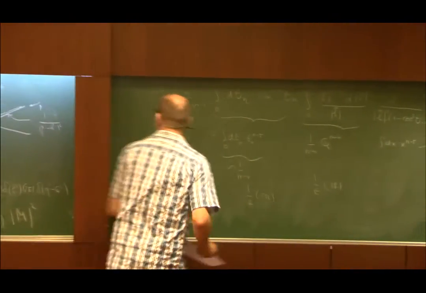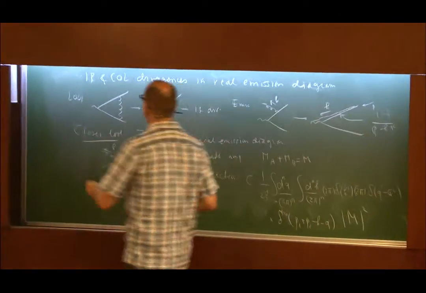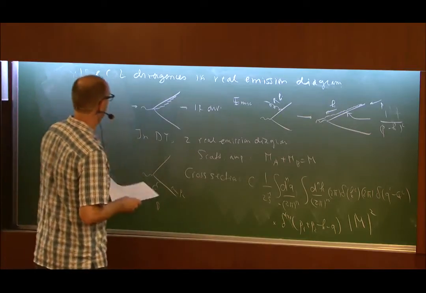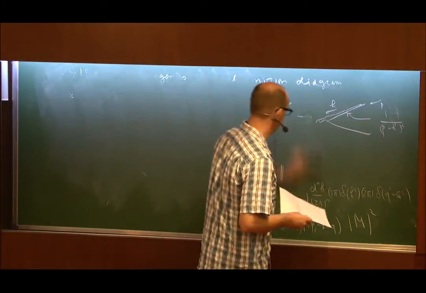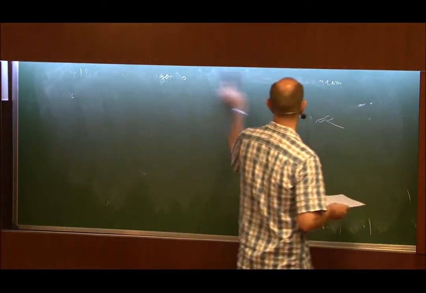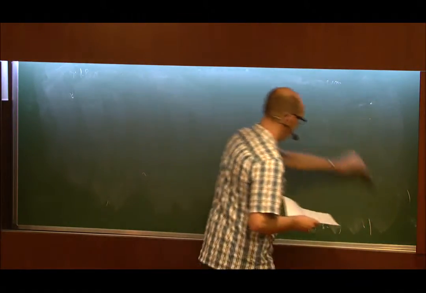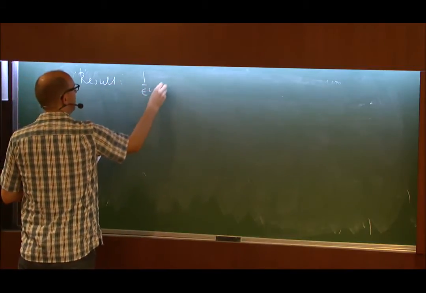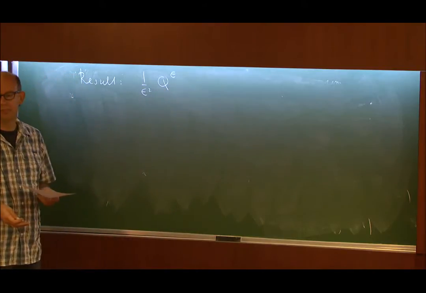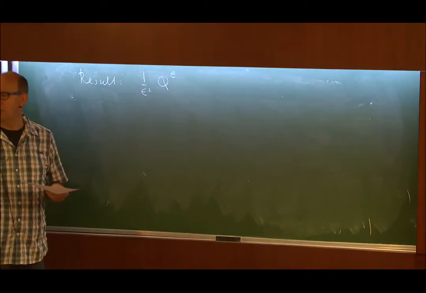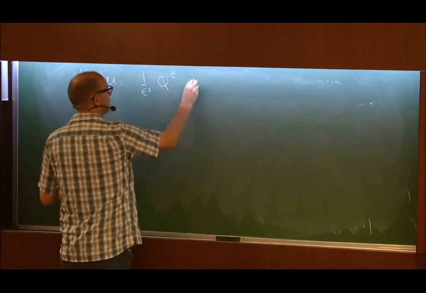So, roughly speaking, from the phase space integral for this soft collinear gluon emission, the structure of the result is 1 over epsilon squared, q to the power epsilon, in the infrared limit. I mean, there's also m0 squared, but that is more or less the answer.